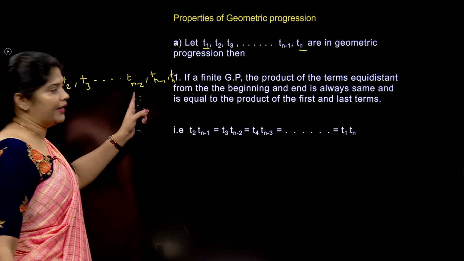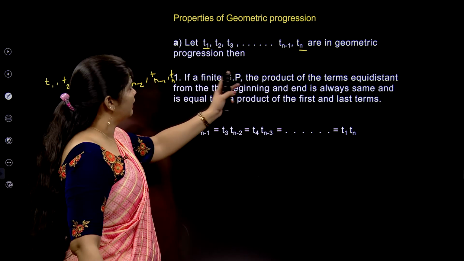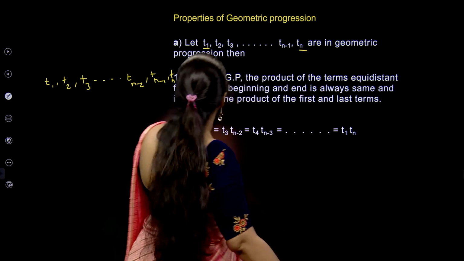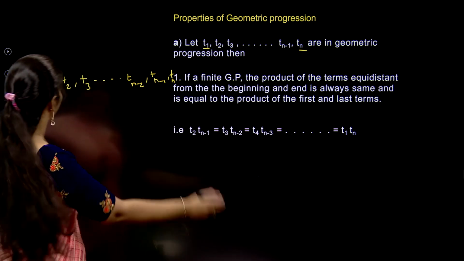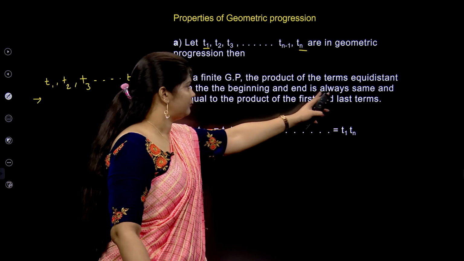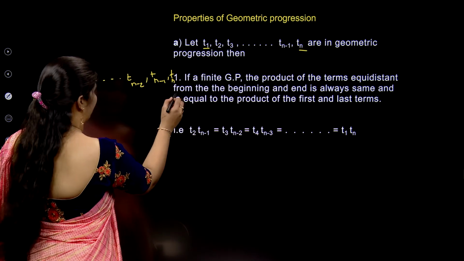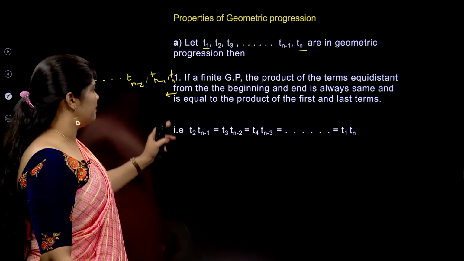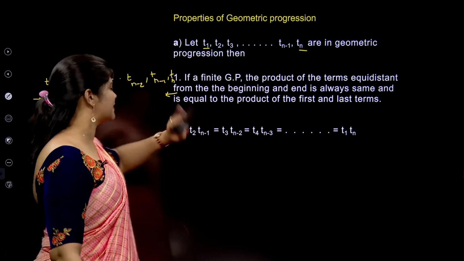So this is a finite GP, and the product of the terms equidistant from the beginning and end is always the same, equal to the product of the first and last terms.